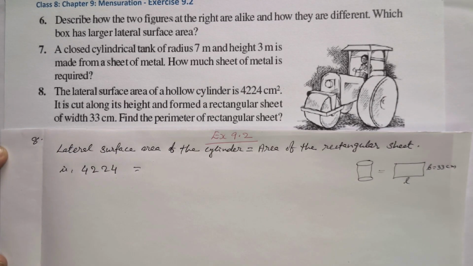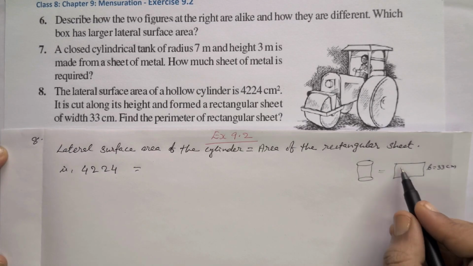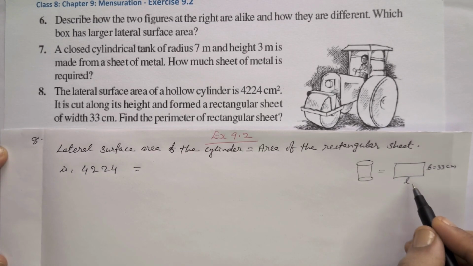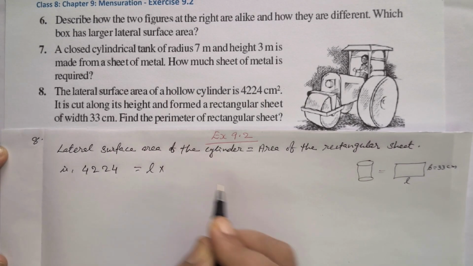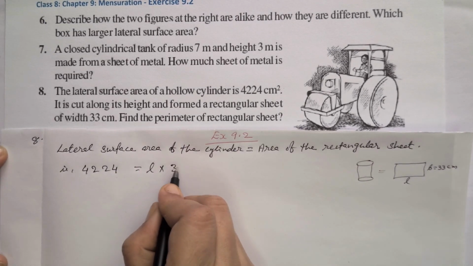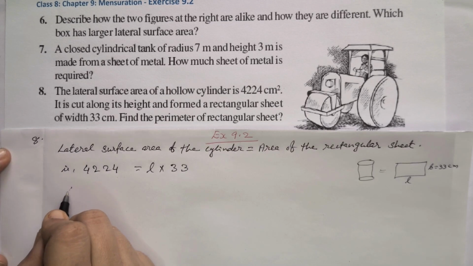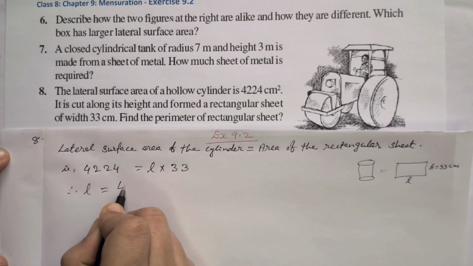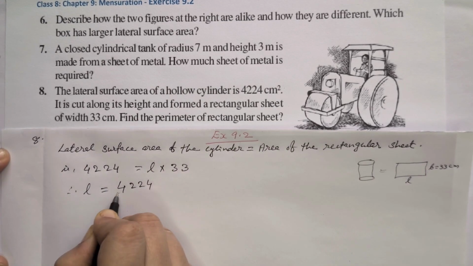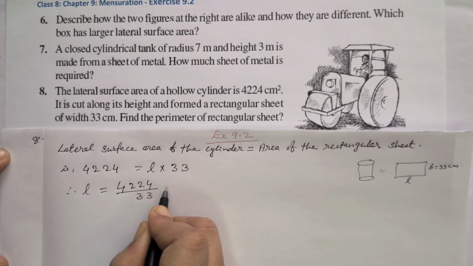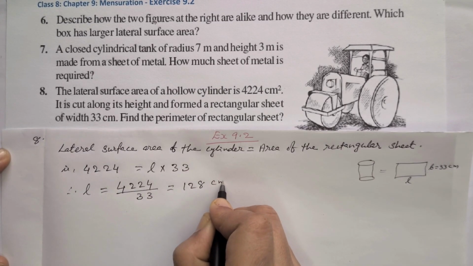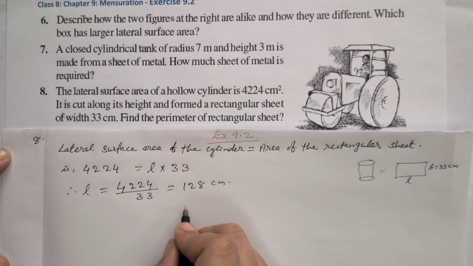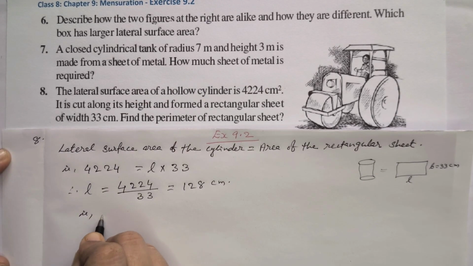These two areas are the same. So the area of a rectangle is length into breadth. Length we have to find and breadth is given as 33. From that, length is equal to 4224 divided by 33, which is equal to 128 centimeter. So that is the length of the rectangular sheet.